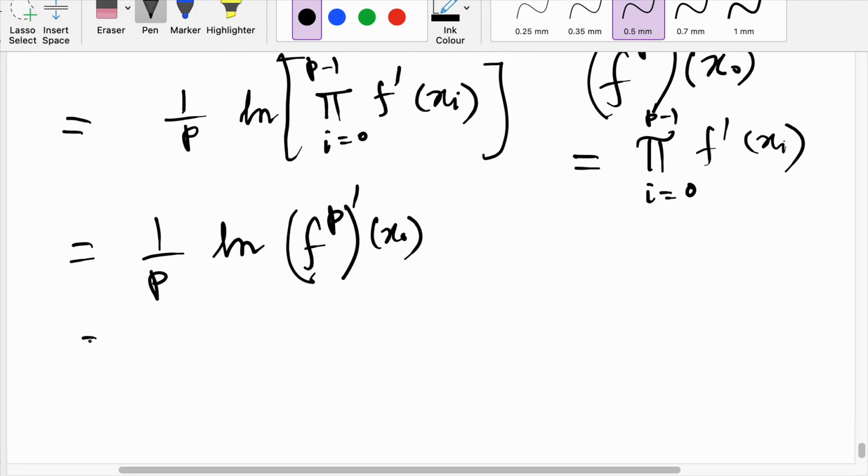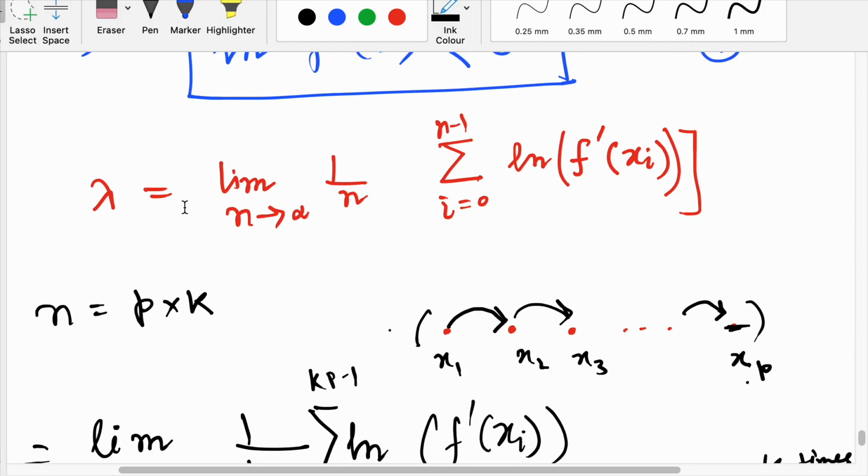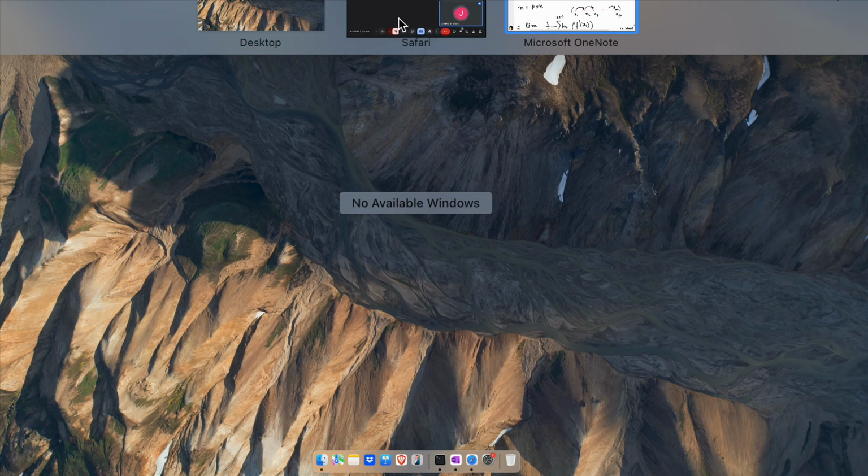Since p is greater than 0 and this is a negative term, a positive term into a negative term should be a negative term, so this is less than 0. So yes, indeed, for a stable p cycle the Lyapunov exponent lambda is negative. Is it clear, Subhaji?